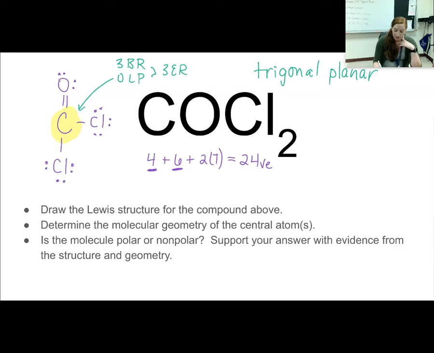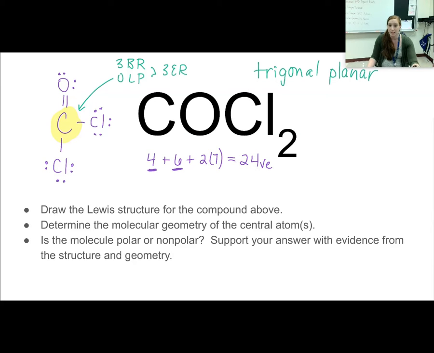Checking out polarity. Do we have an even or uneven distribution of electrons? Well, just by looking at this, we can see we have different atoms attached to the carbon. Those chlorines versus the one oxygen have more lone pairs on them.